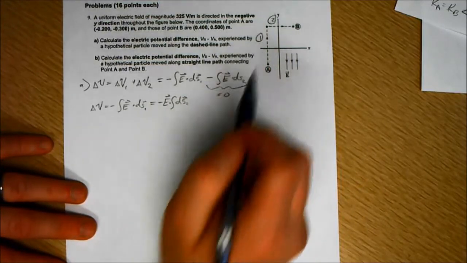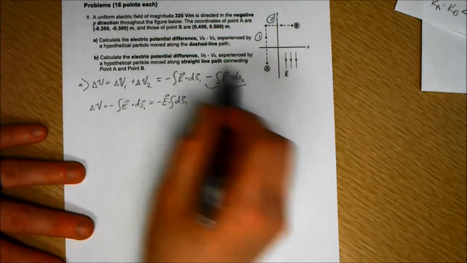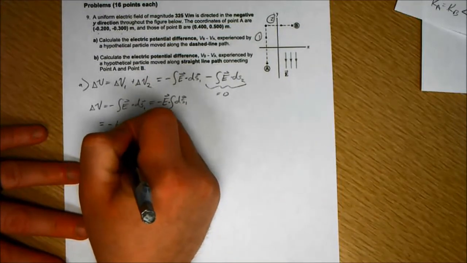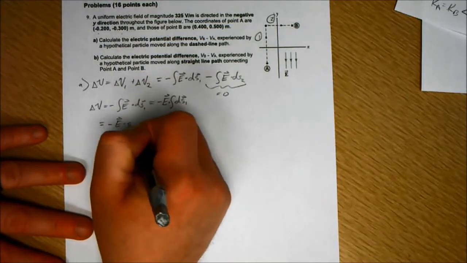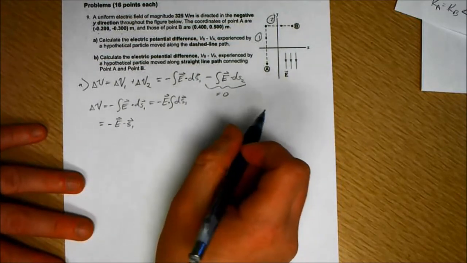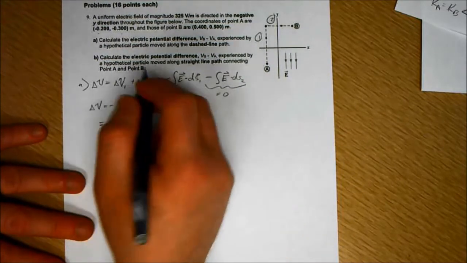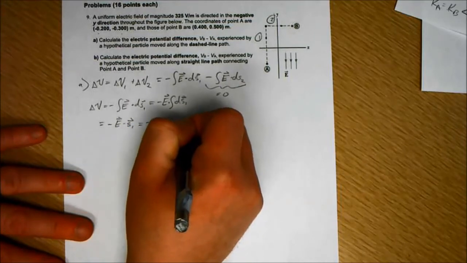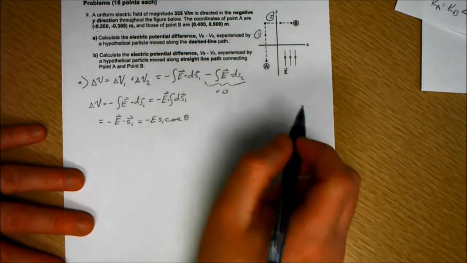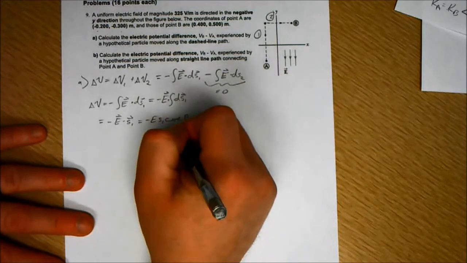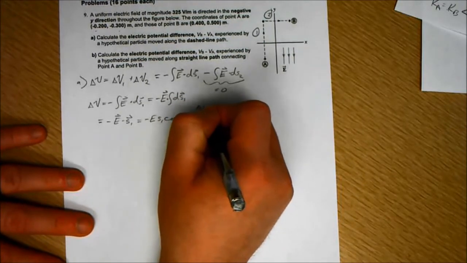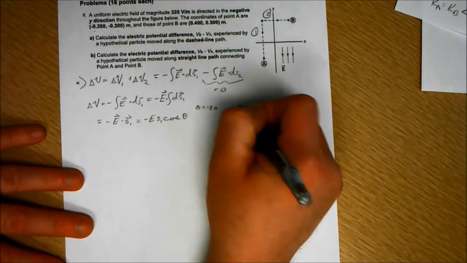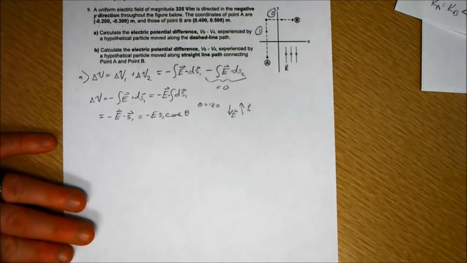I can just integrate along 1, and I have the coordinates, so I can find that. So that's negative E dot S1. Now this is equal to negative E S1 cosine of theta, where theta is 180, because the electric field is down and the displacement is up.